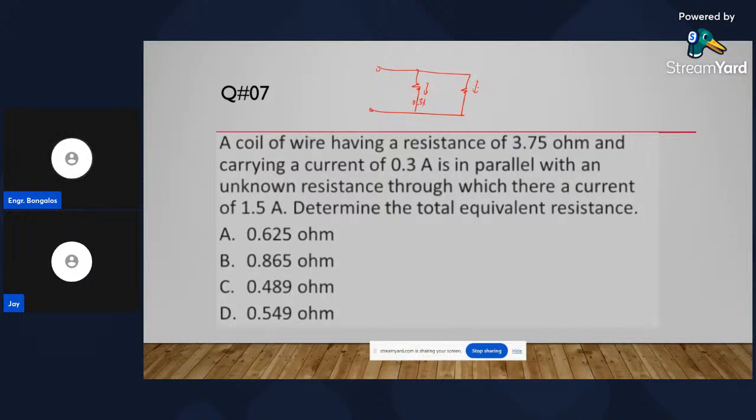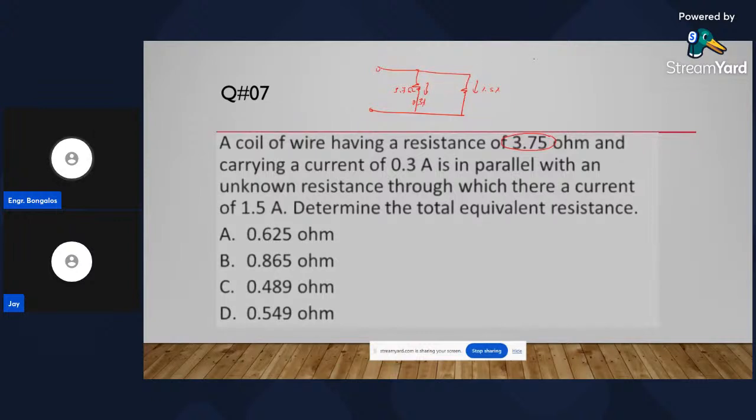Then yung isa naman, meron siyang current na 1.5 ampere. Ang tanong, ilan daw yung R total? So, bale dito, yung 0.3 ampere, meron daw siyang resistance na 3.7 ohms.